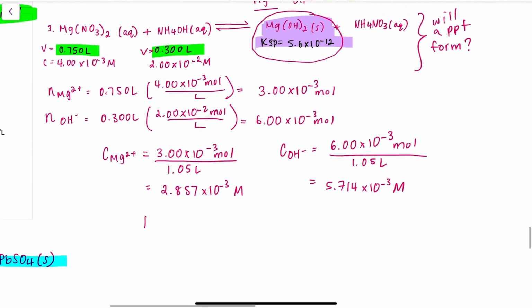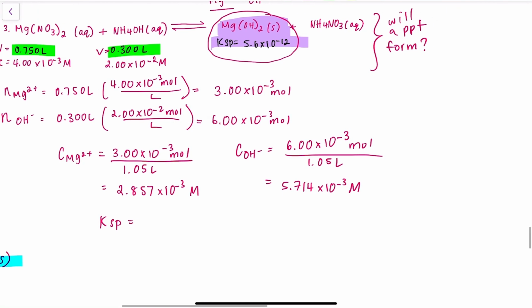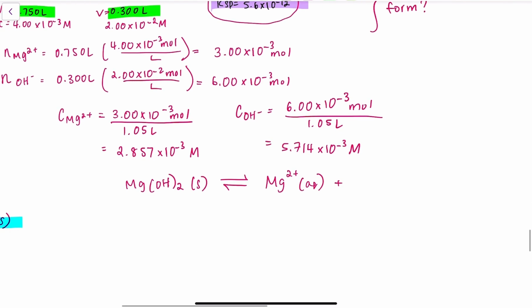Okay, if we look at our KSP expression, or equilibrium expression, we're dealing with magnesium hydroxide, this solid that is in equilibrium with its ions.